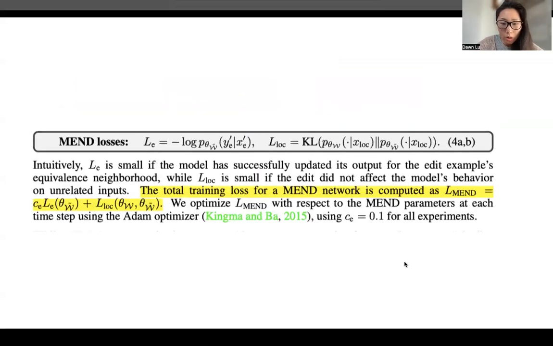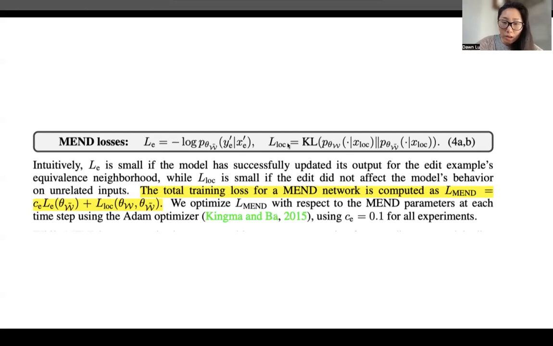How is the MEND network trained? The authors define a loss function which consists of two components. The first component controls for edit success. We're trying to maximize the probability of the new target given the prompt that we want to edit.